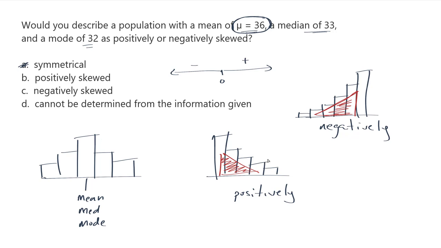So it's being pulled this way. My mean is higher than the median and finally the mode. I have a positively skewed distribution. That's how I work it out. If the mean had been much smaller than the other two, I would say that it is negatively skewed.